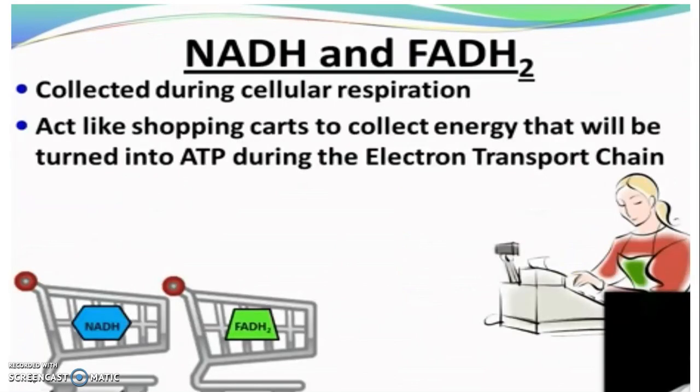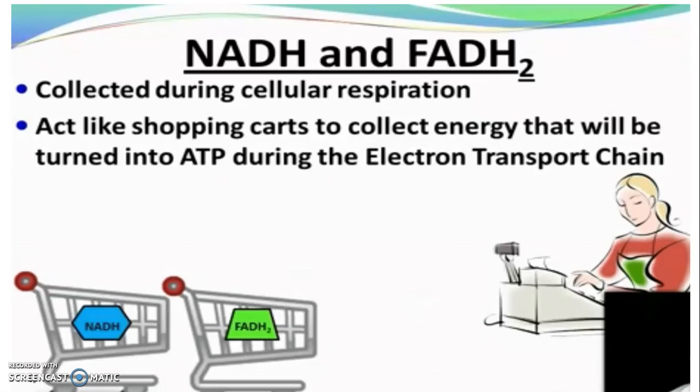When you're looking at cellular respiration, there are two important words which you're going to come across besides ATP: NADH and FADH. It's important to know that these are electron carriers. In short, they act like shopping carts to collect energy that will be turned into ATP during the electron transport chain.